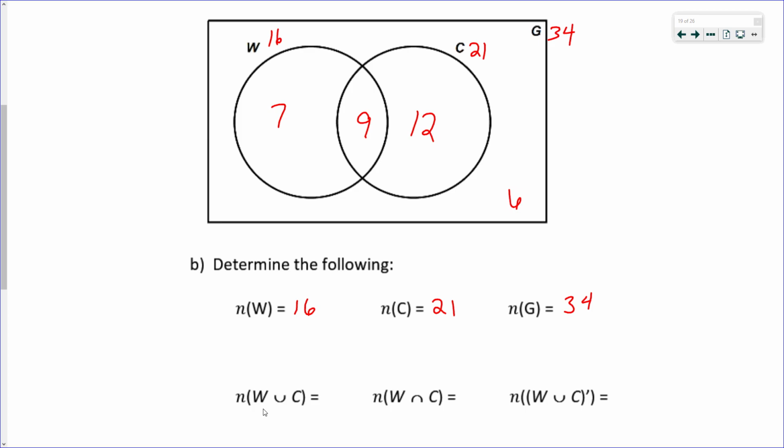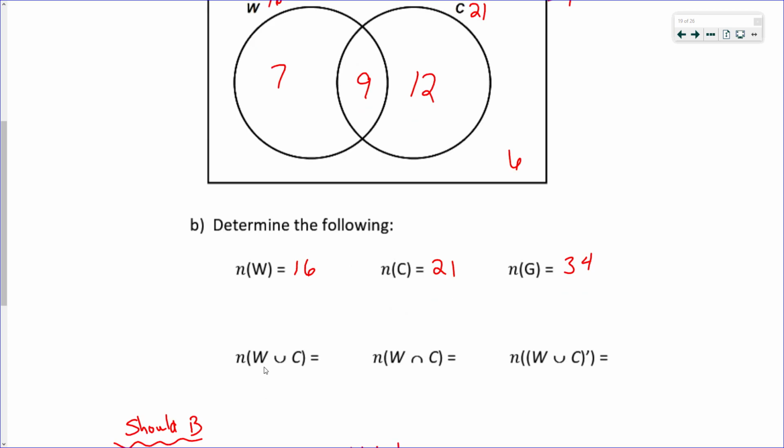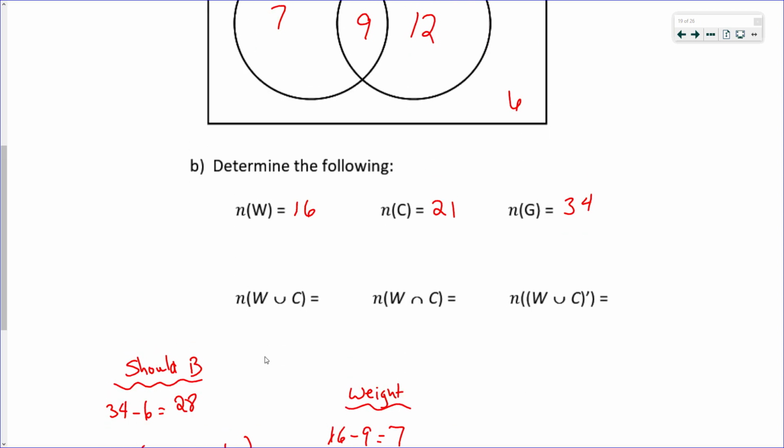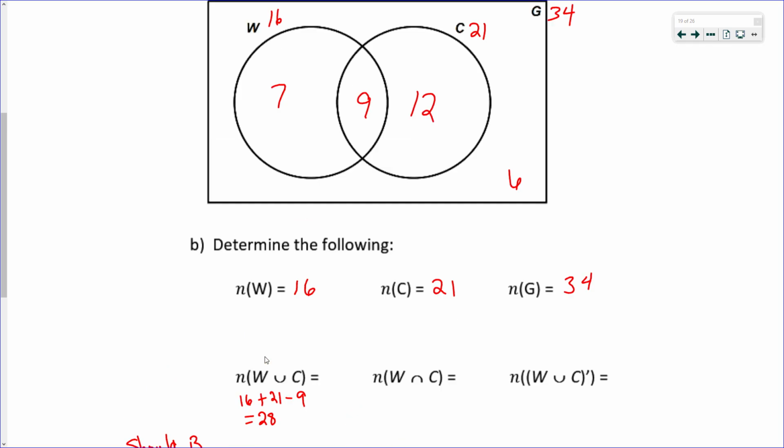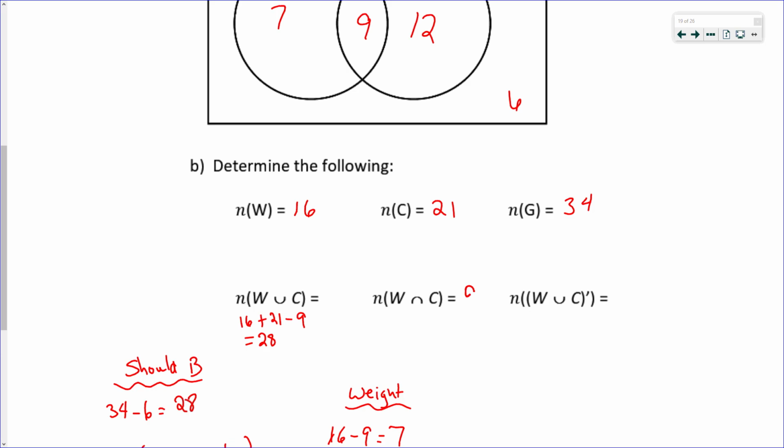The number that is in the union of W and C: if I take W, which was 16, plus C, which was 21, minus my overlap, using the principle of inclusion and exclusion, I get 28 people altogether. So I got 28 there. And then for the intersection of W and C, the ones that are doing both, in the middle there was 9 people that are doing both.